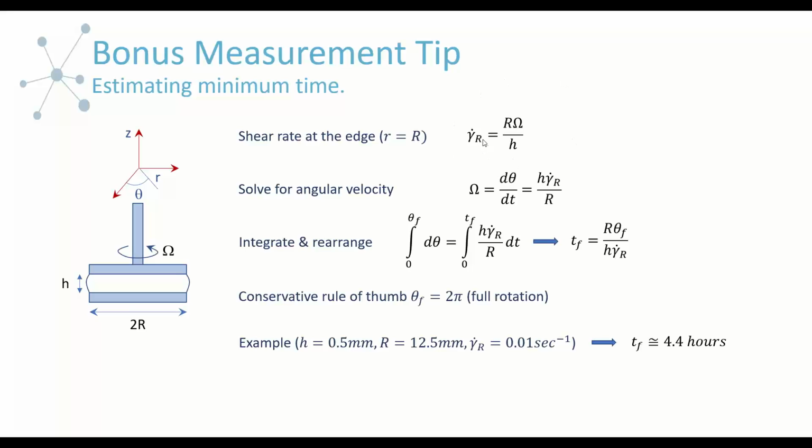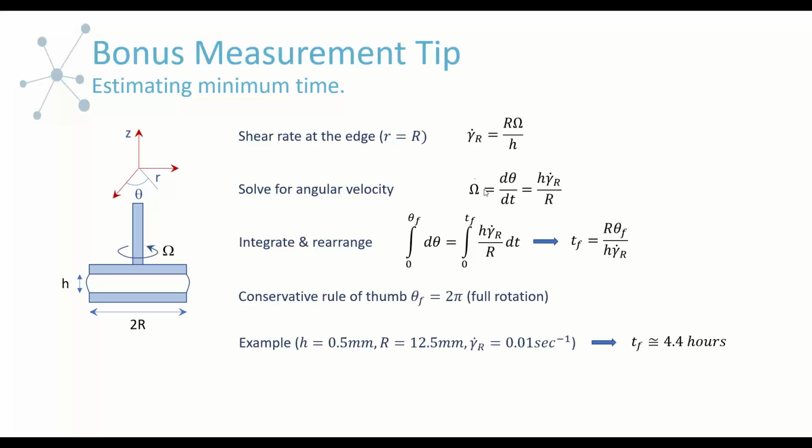We've already defined our shear rate at the edge of the tool, because now what we want to look at is, given the time of our measurement, the tool dimensions and the shear rate that we're operating at, how far has the outer edge moved? What total angle has it moved through in that time?